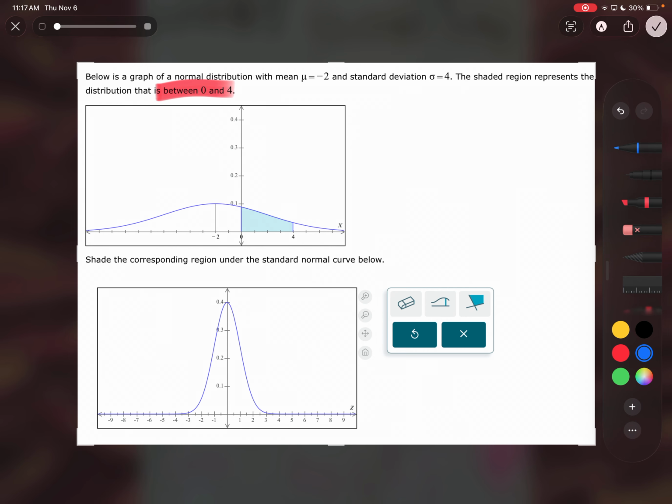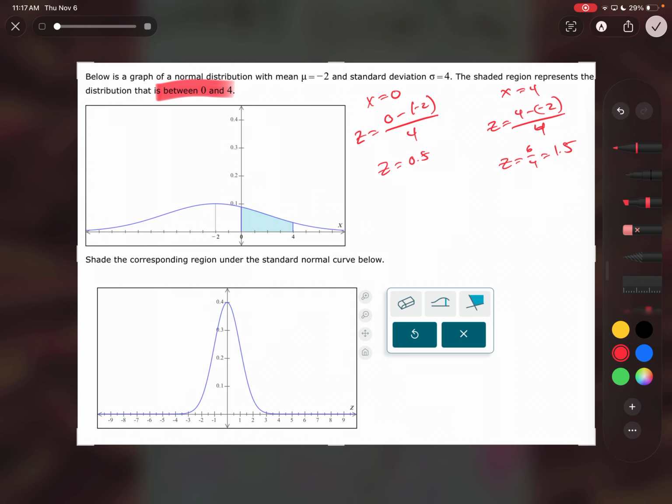Between 0 and 4. For x equals 0, you do 0 minus -2 divided by 4, which is 0.5. And then you have to find the 4. For my z-score for that, I would do 4 minus negative 2 divided by 4. What's that? 6 over 4, or 1.5.